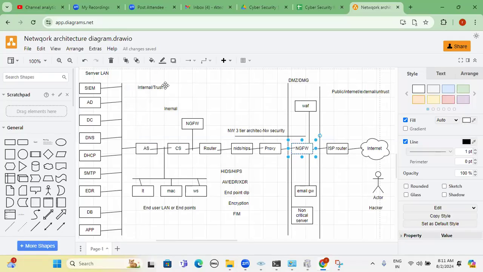Internal and trust zone is like your own home. And DMZ is like a boundary in front of your house, obviously a wall or fencing or gate, and this is our public street or road. Keep that in mind.